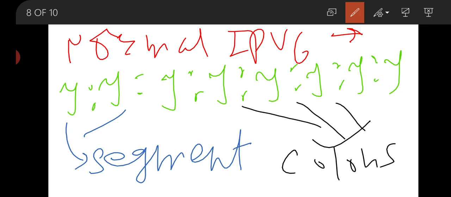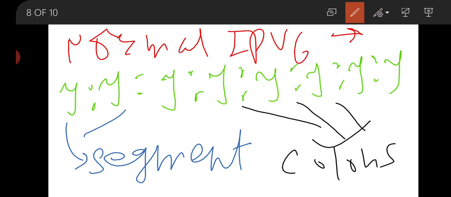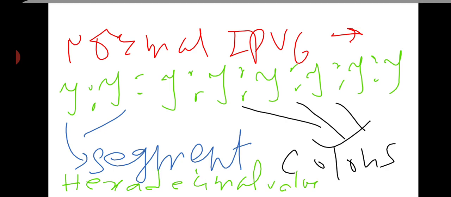Now the y's are the segments, and these segments are hexadecimal values.